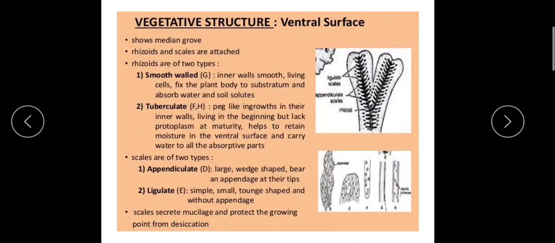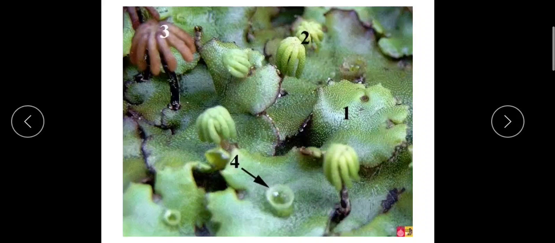Some specialized branches are also seen in the gametophyte. They are called gametophores, and these gametophores are the branches which bear the sex organs.